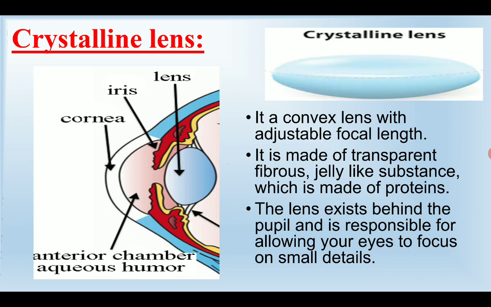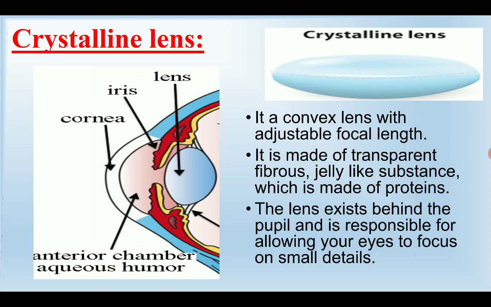Because the lens cannot adjust as well as it used to, we need treatment for these defects, and we are going to discuss them later in this chapter. As presbyopia is an old-age defect, we use a bifocal lens to improve it. Cataract is removed by an operation or surgery in which the lens is replaced by another lens.